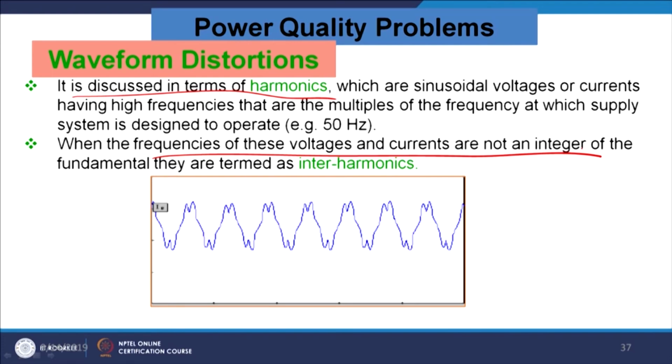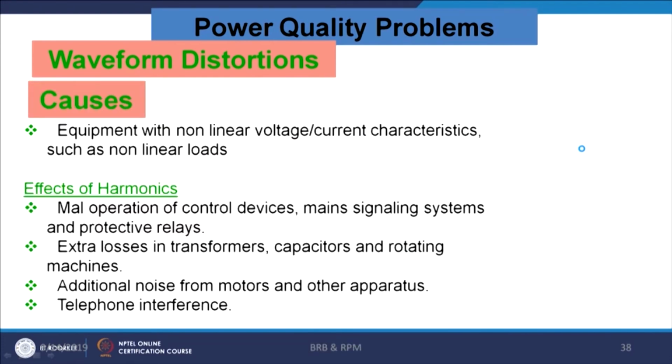The cause, as you know well, is nonlinear voltage and current, and the effects of harmonics are malfunction of control devices, mains signal systems, extra losses in transformers, capacitors and rotating machines, additional noise from the motors, and telephone interference.